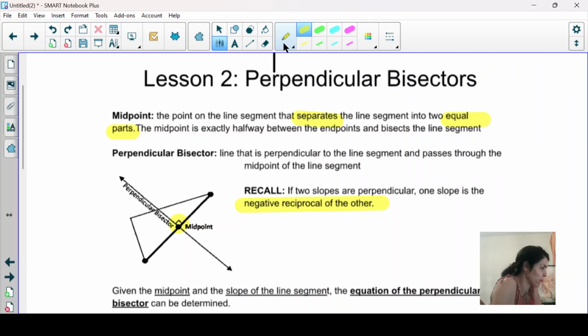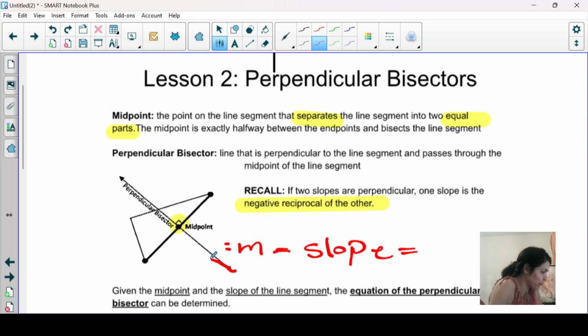For example, if the slope of this line is 4/3, because they are perpendicular to each other because of this angle, the slope of the other line, I'm going to show you this line with green.